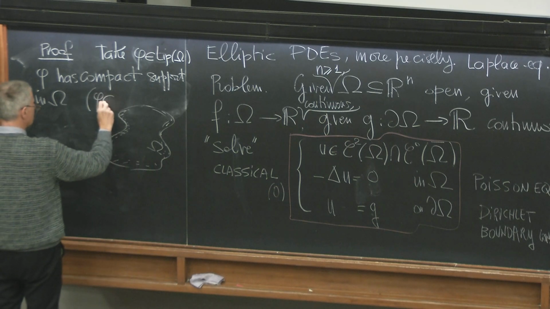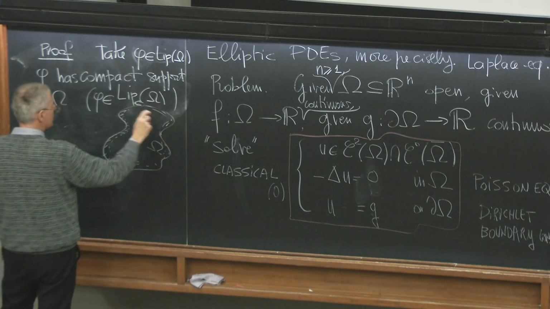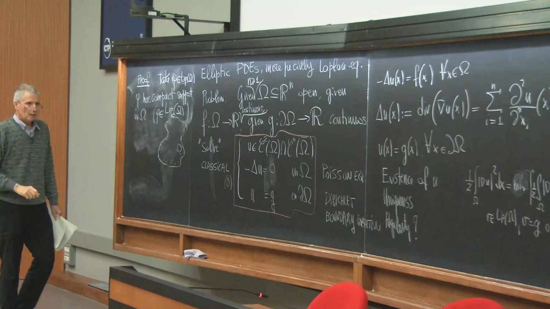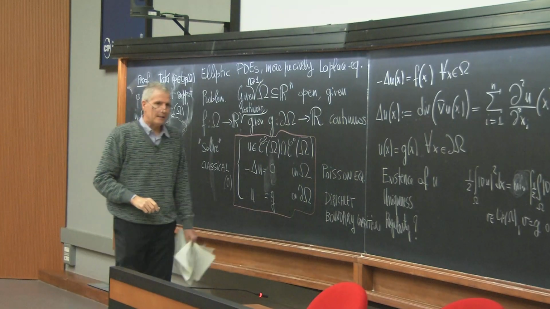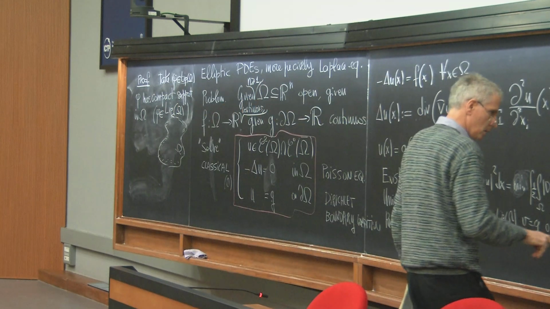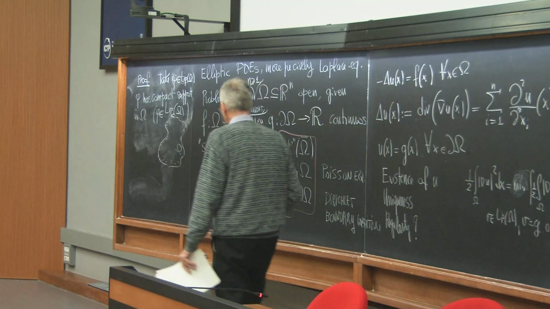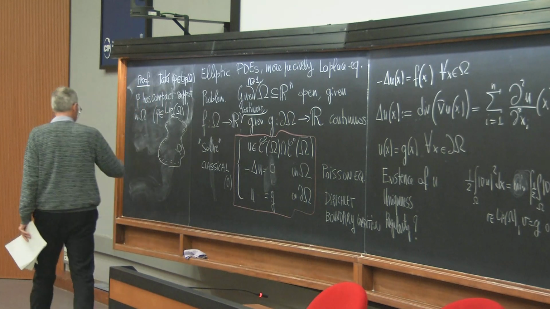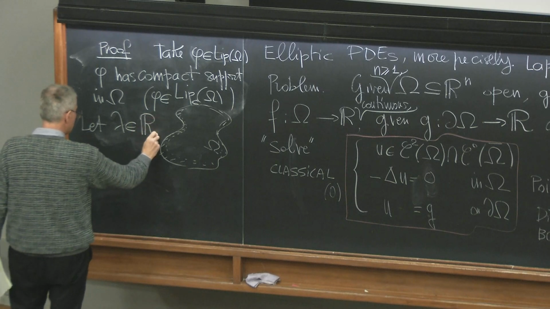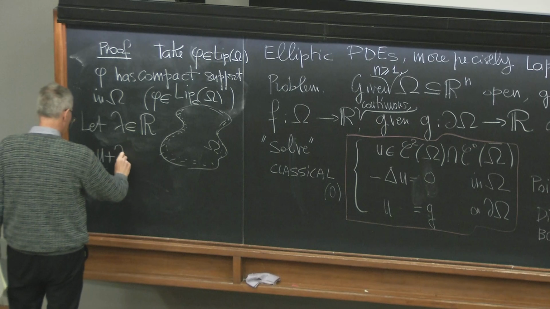We can write this as follows: Lip with a c here, where c means compact support. Now, it is fundamental to realize why I need the compactness of the support, because now we can consider, for a real number lambda, what is called the variation of u, simply this function here.